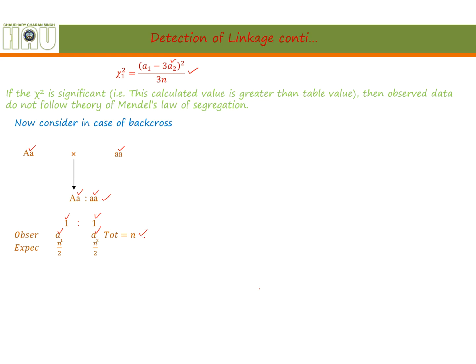So you can say their expected proportion: since we have only two classes and there are n individuals, we expect that 50% belongs to the first class and 50% belong to the second class. So their expected numbers are n by 2 and n by 2.